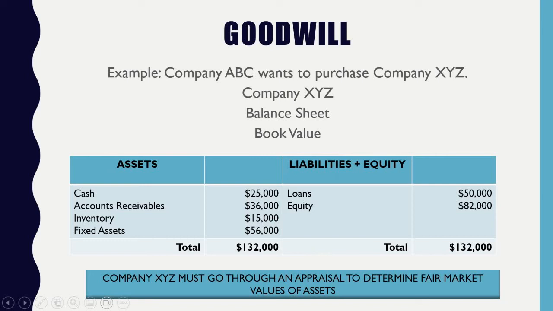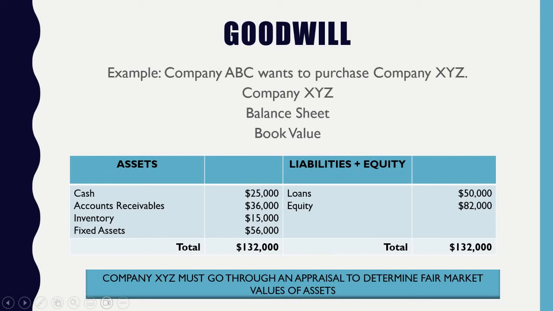Here is company XYZ's book value on their balance sheet. They have cash, they have accounts receivable that's uncollected, they have inventory, a few fixed assets, and of course they still have a loan, and they have a total equity of $82,000. So right now it has a book value of assets worth $132,000.